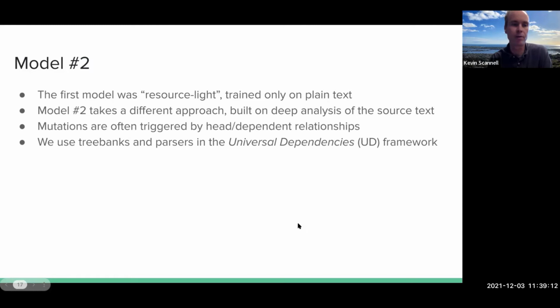This is a framework, very much on the computational side of the parsing world, the syntax world, to produce tree banks and parsers for many of the world's languages in a common framework, right?